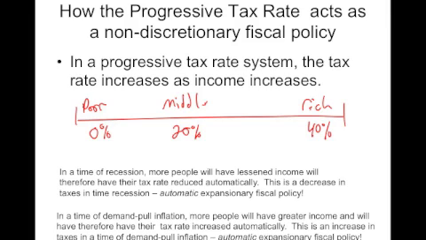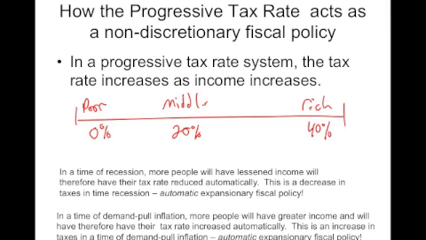In a time of recession, people will have a decreased amount of income and will therefore have their tax rate automatically reduced. They're having a lesser amount of income because there's less output in a recession, so companies have fired people or cut people's pay or whatever because it's a recession, bad times.